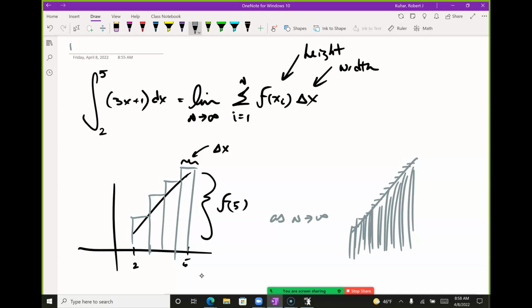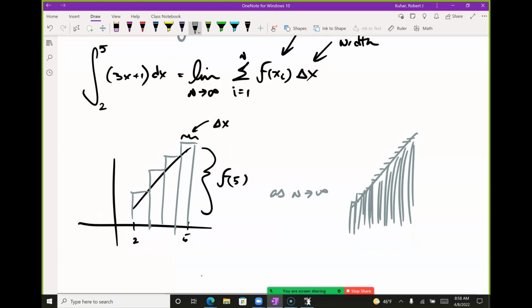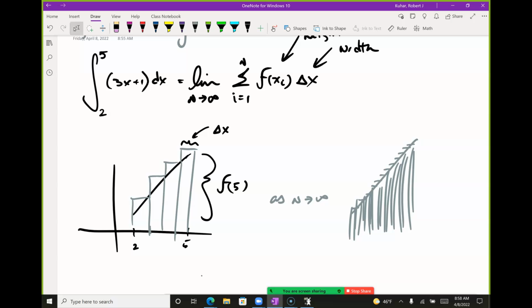So I'm calling this right hand or right side. I can spell it. Right side rectangles. Right side rectangle Riemann sums. So I'm going to give you this formula, but of course you can put it on your formula sheet.